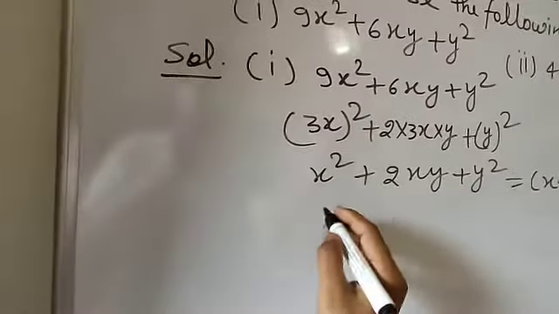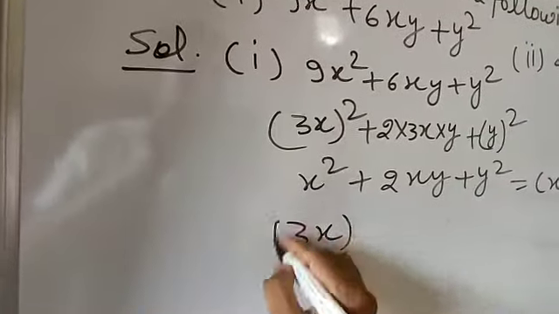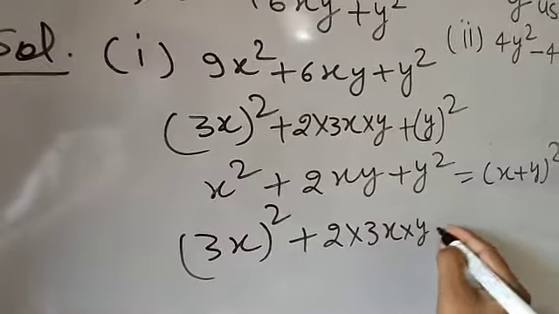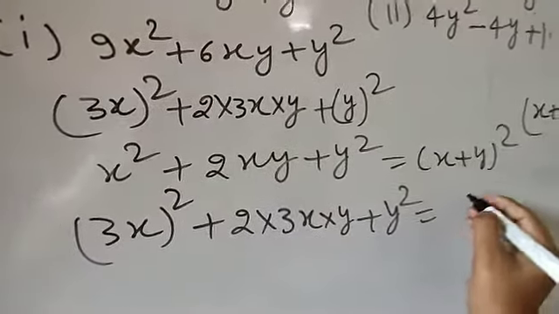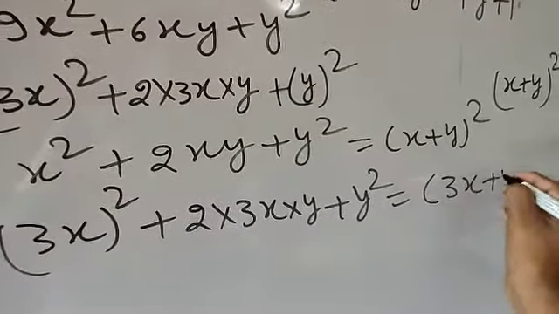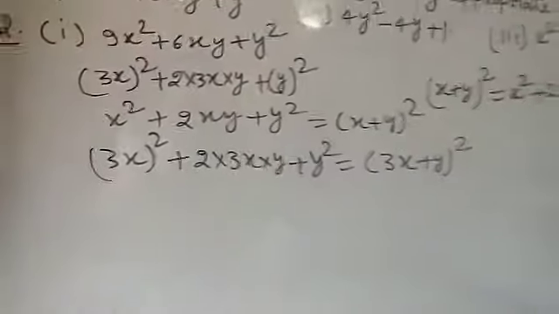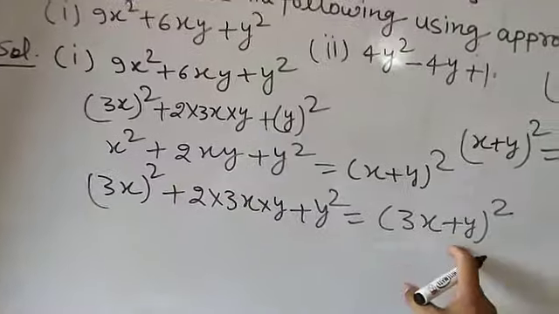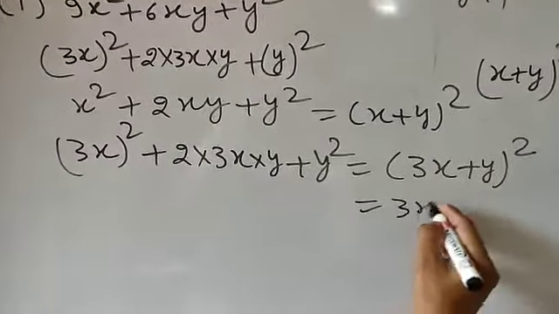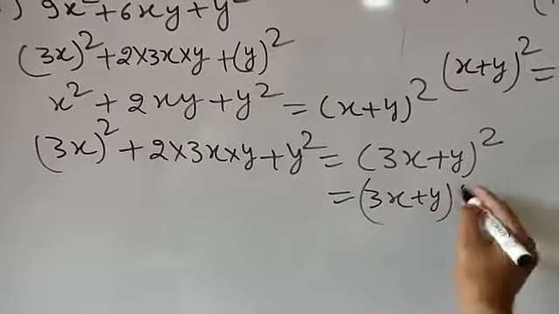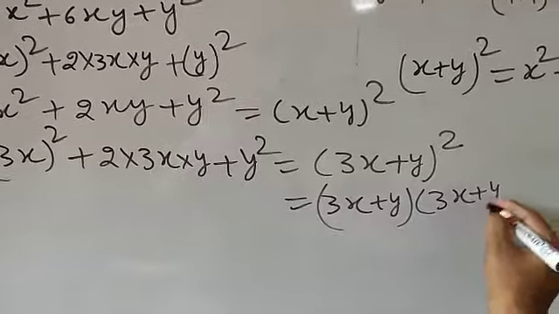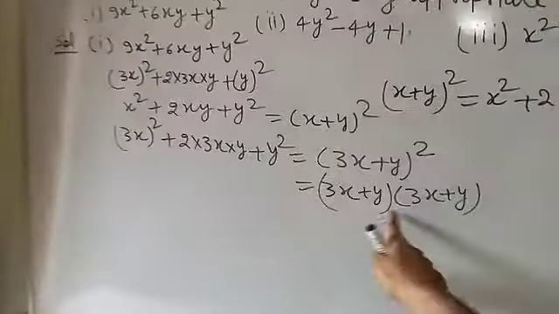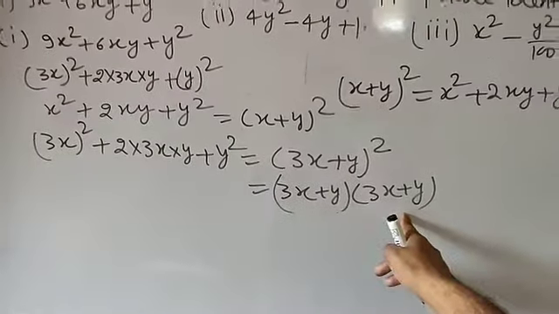So it can be written as (3x) square plus 2 into 3x into y plus y square, equal to (3x plus y) whole square. So by comparing with the identity, this value can be written as (3x plus y) whole square. It can be written as (3x plus y) into (3x plus y). So that is the factorization.